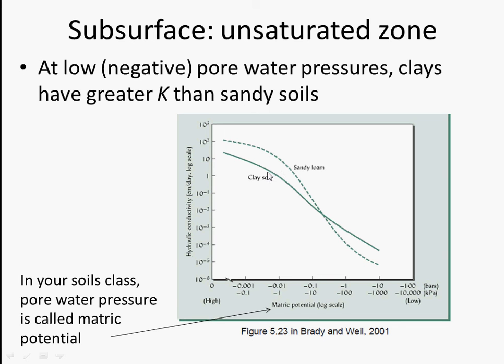And this is because, as we talked about before, those small pore sizes make it harder for water and things to move through. But as you get down to really dry soils, the sandy loam sort of drops all of its water. The clay still holds on to it, so there is some water, whereas in the sandy soils there's no water for fluids to move through.